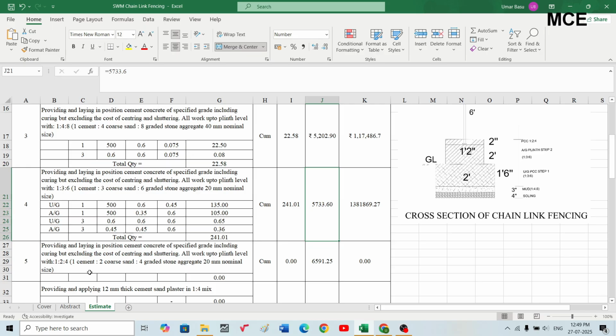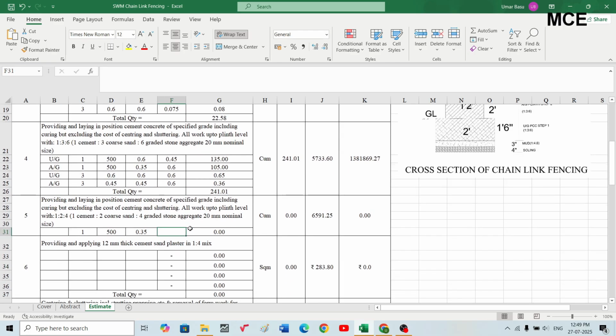So again, length will be same, that is 1 into 500, and width for this is 1 foot 2 inches, which is 0.35, and depth of this is 2 inches, which is 0.05. So total quantity will be 8.75 cubic meter.